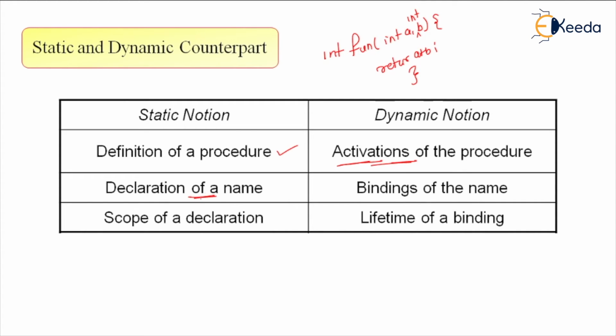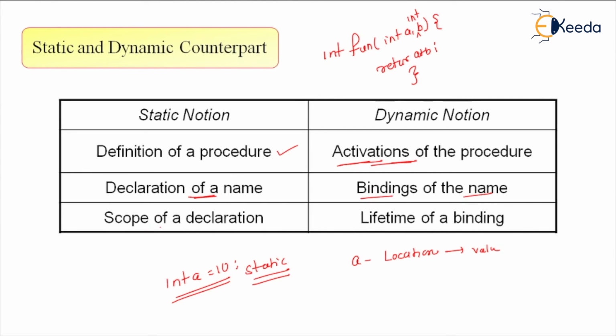Declaration of a variable name, like int a equal to 10, is a declaration as well as an assignment, and it is a static entity. But at runtime, the association of a to a storage location, and of the location to its value, is the binding of names, and that is a dynamic entity.